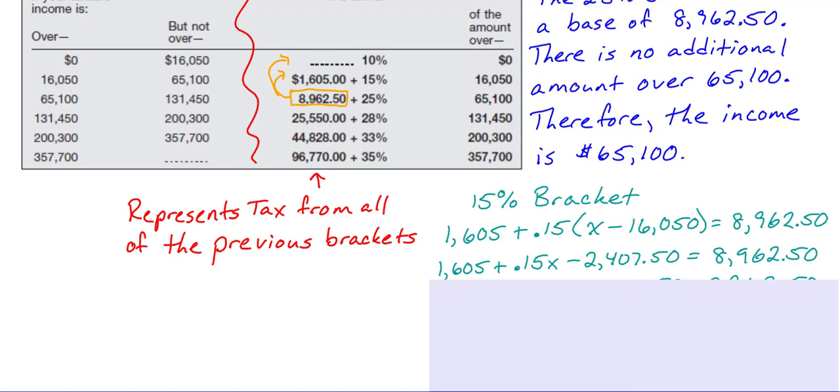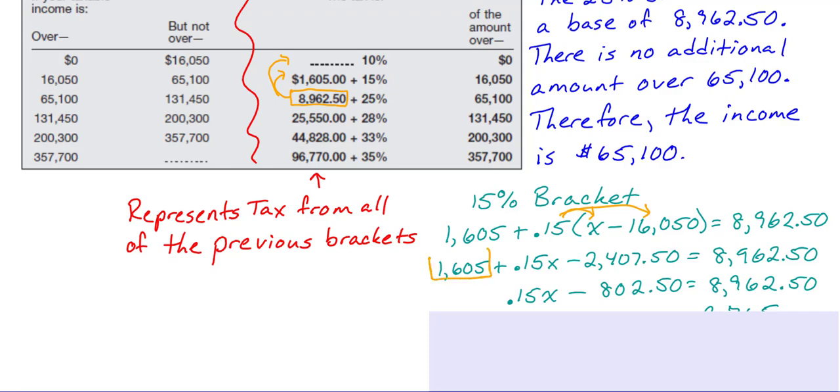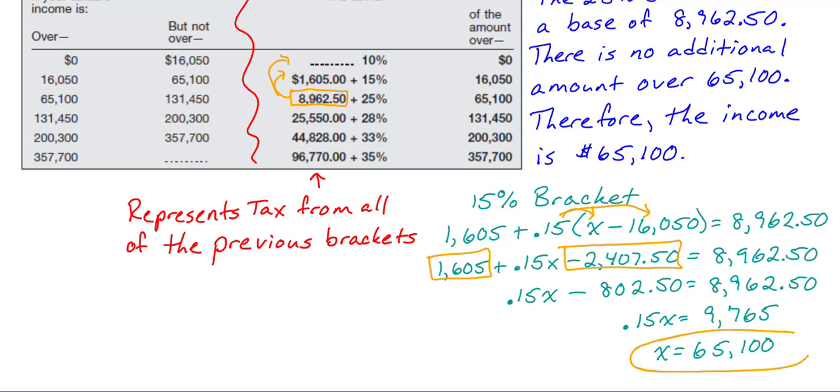So you would first distribute like you normally would, and then you would combine your like terms, and then you would continue on and solve for x, and you will notice that we end up with the result of 65,100, which is what we had stated based on that. And looking at our tax schedule, 65,100 is the top amount from the 15% tax bracket.